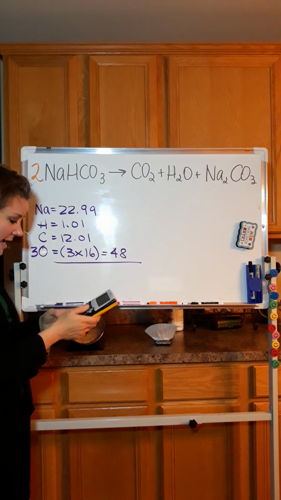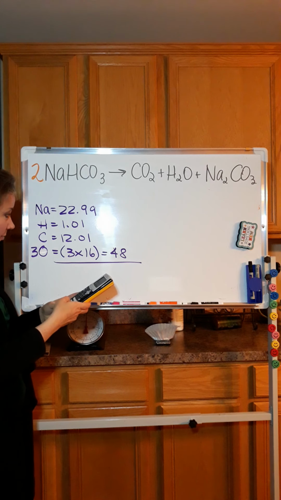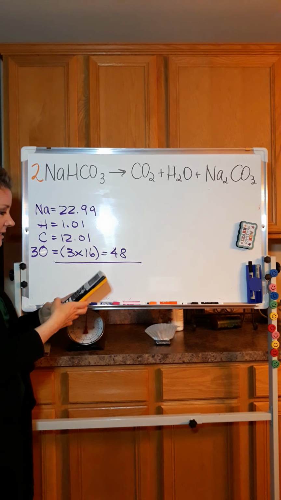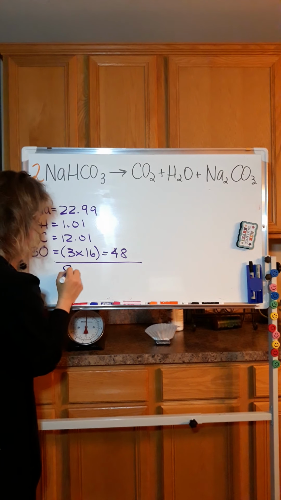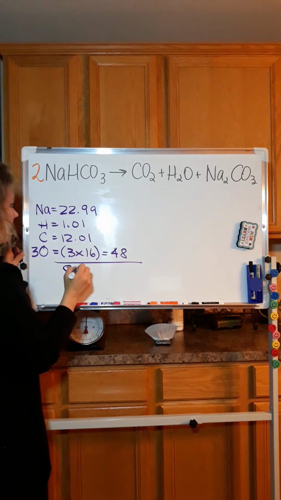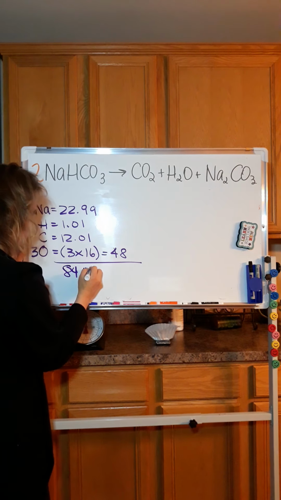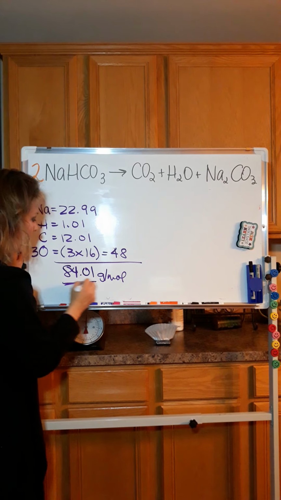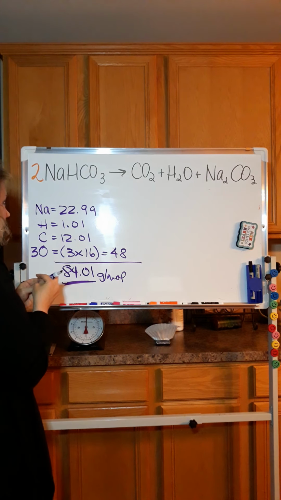And so when I add all of these together, plus 1.01 plus 12.01 plus 48, that means that I get 84.01 grams per mole. So this, though, is the amount that 1 mole of sodium bicarbonate weighs.